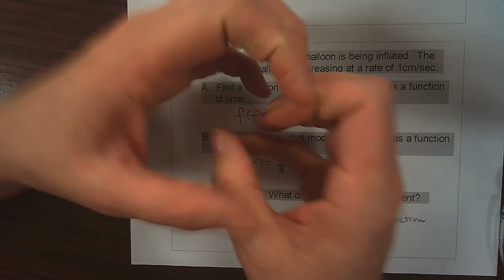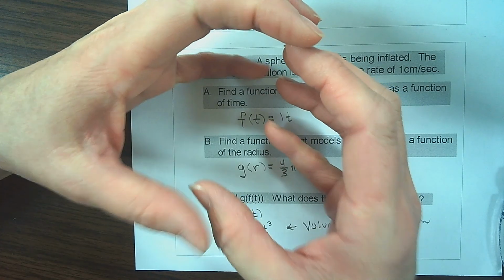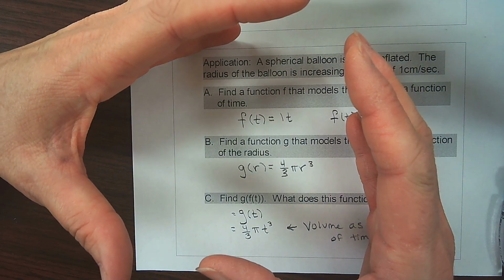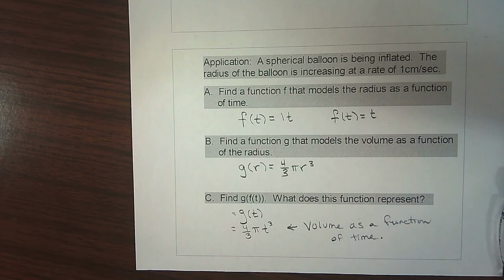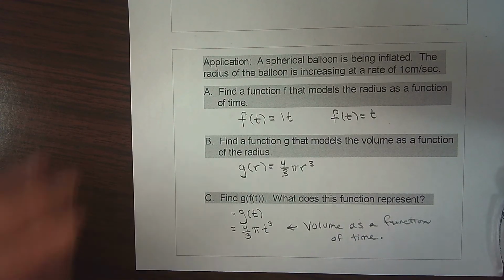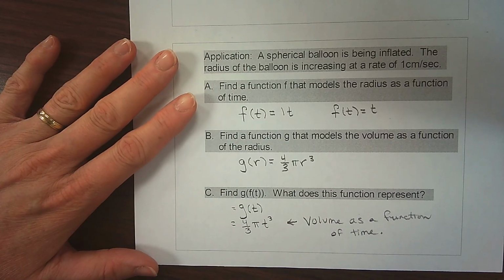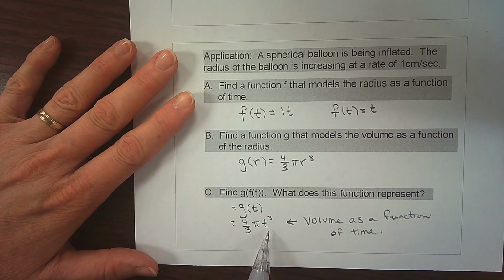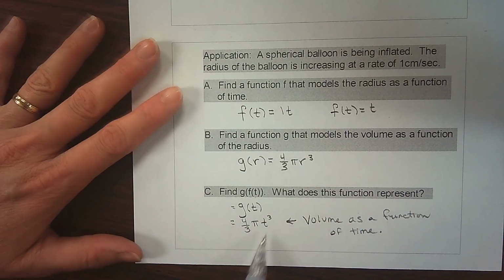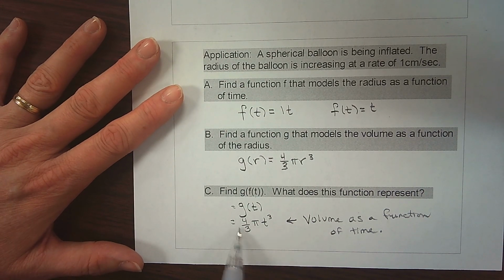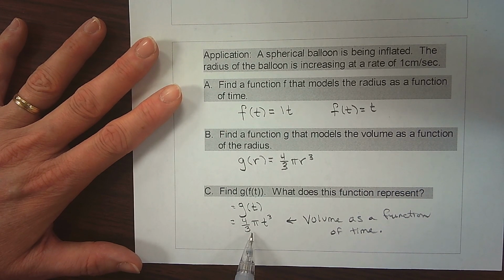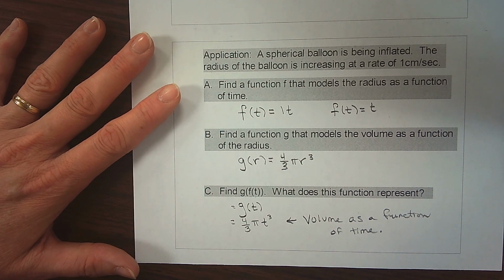Think about it. If you're blowing it up, the balloon gets larger and larger. It's not only the radius that's changing, it is the volume that's changing as well, right? So if I plugged in 2 seconds or 8 seconds or however much time has gone by, I could simplify this expression and I would have the volume of the balloon. Well, as long as it doesn't pop, that is.